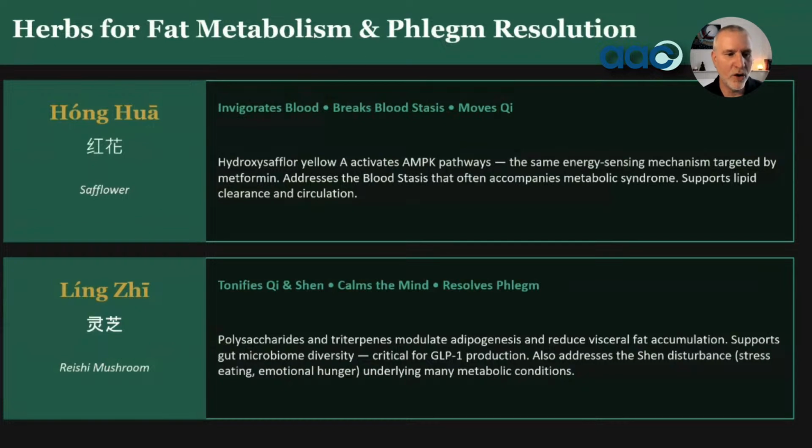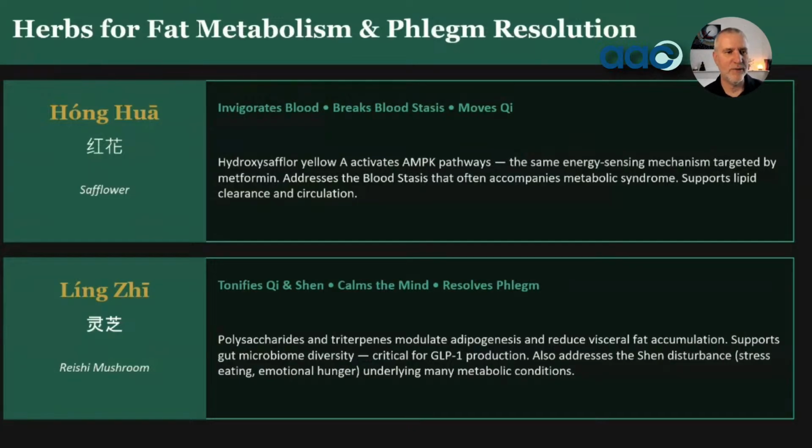So the Honghua has this substance called hydroxysafflor yellow A, which activates AMPK pathways, the same energy sensing mechanism targeted by metformin, if you know that drug. It addresses the blood stasis. Of course, it moves blood and often accompanies metabolic syndrome formulas and supports lipid clearance and circulation. So again, lipid metabolism is very important and is part of this idea of reducing dampness and phlegm, not only in our body but also in our blood system.